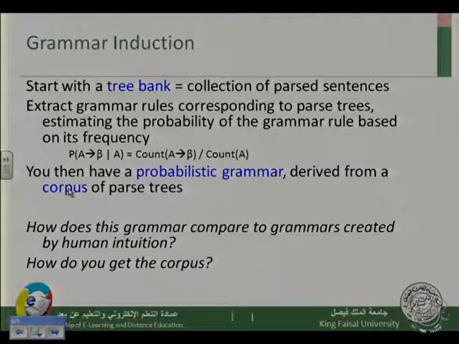This is something by intuition. So some answers can be answered through native speaker intuition, but how do we compare this to what we get from a corpus? Very interesting question, and a very good topic for people interested in NLP and its relation to grammar and language. I hope I gave you a brief idea about NLP and its relation to language and language learning.